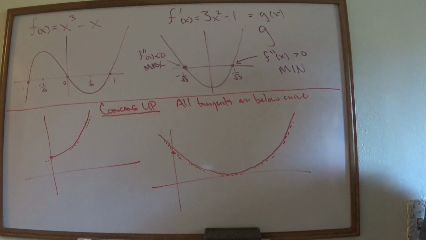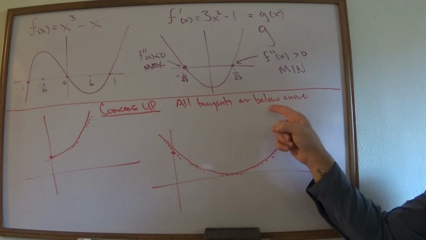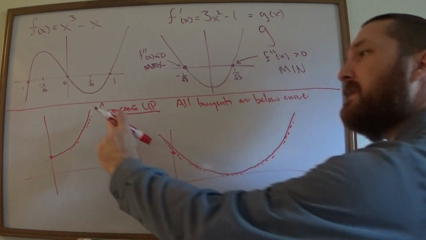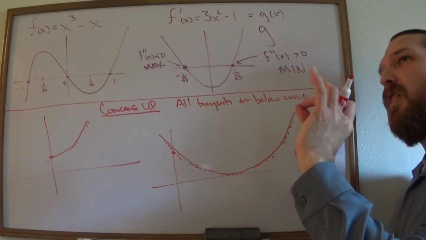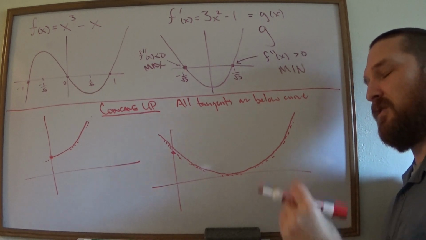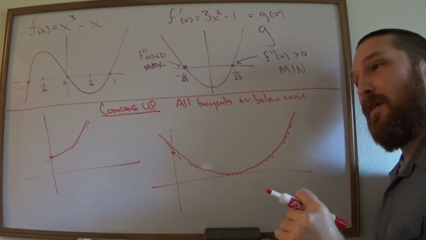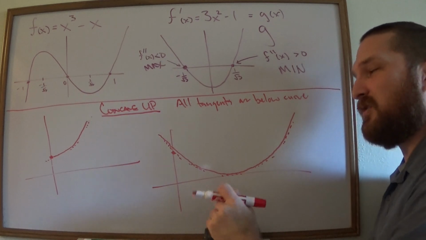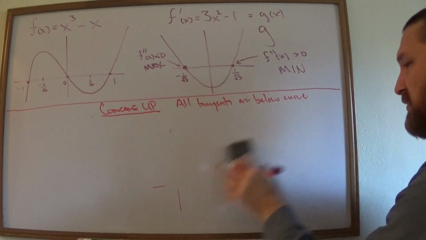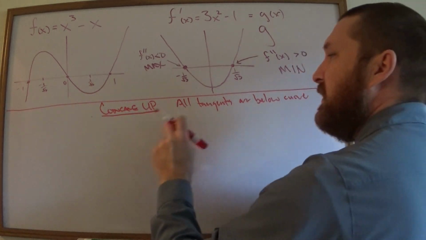I'm going to get there in a second. Now remember, concave up, all tangents are below the curve. We could start with this definition, but this means the same thing as the slope is increasing. So in other words, let's pick that apart here.